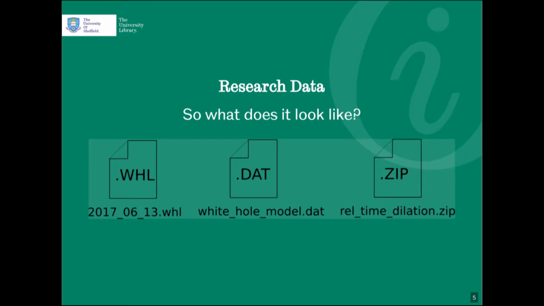We're not sure. A lot of the data sets that we receive tend to look a little bit like this. Some of the file formats are familiar, some of them are unfamiliar, some of them it's impossible to guess without opening up and peeling them apart to work out what kind of data there is in there.